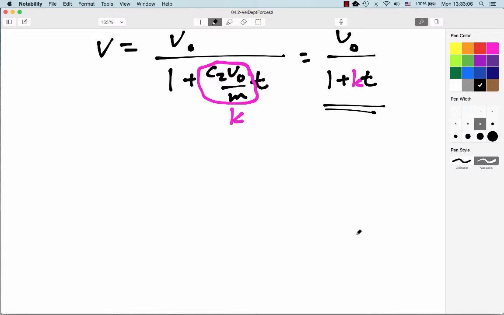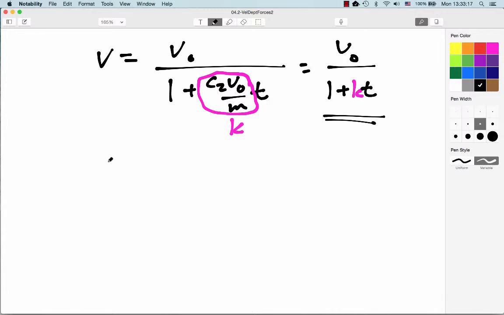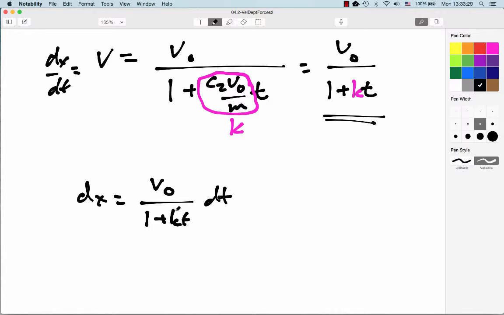All right, so then we can go ahead and play the same kind of game as before. We can say, hey, v is dx dt, right? So then we can say dx equals v naught over 1 plus kt dt, integrate from 0 to x.